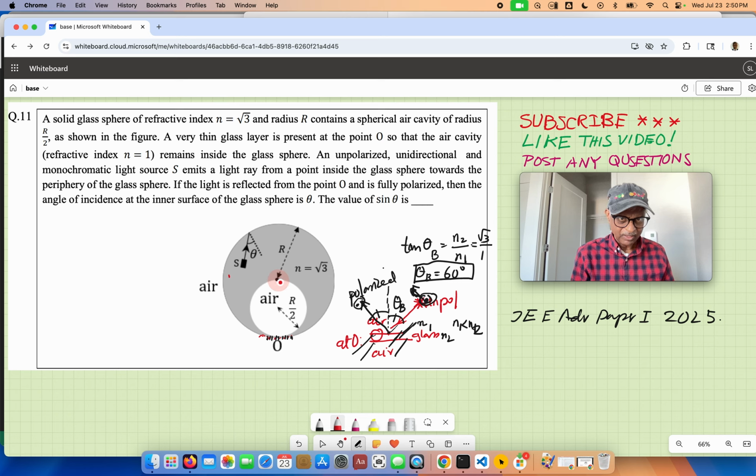First I'm going to draw a normal at point O. This is the normal at point O, and we can start from the end. We know at least one angle: this angle is 60 degrees.